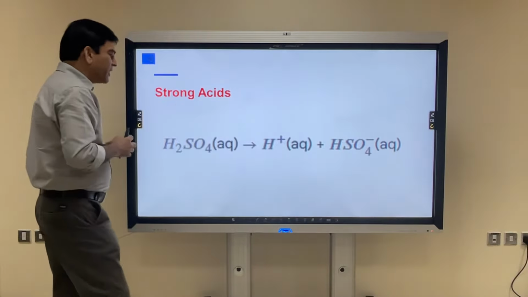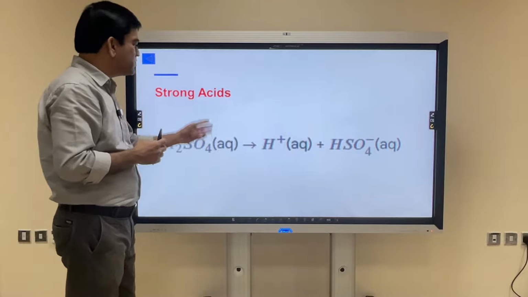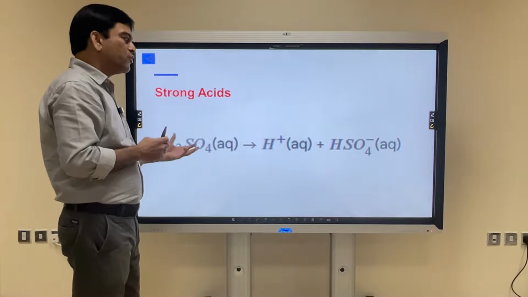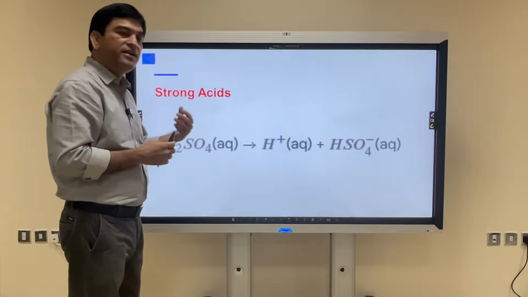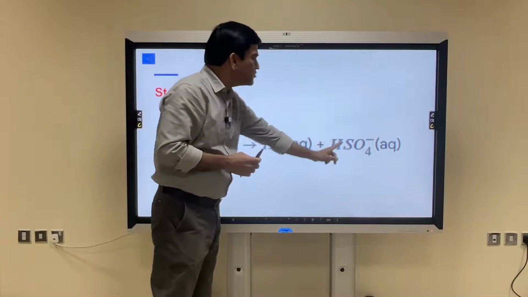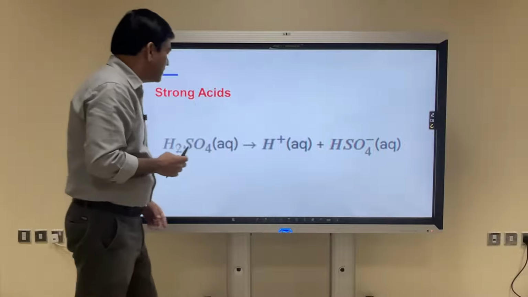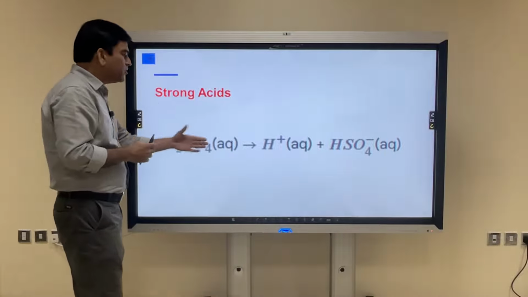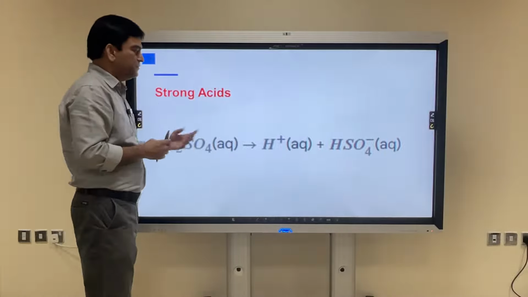Then you have another strong acid, sulfuric acid, H2SO4. H2SO4 is completely ionized or dissociated into H plus and HSO4 minus ion. This is also a strong acid because it is completely dissociated.